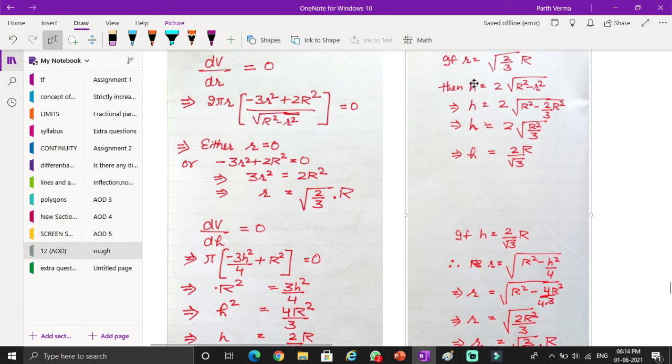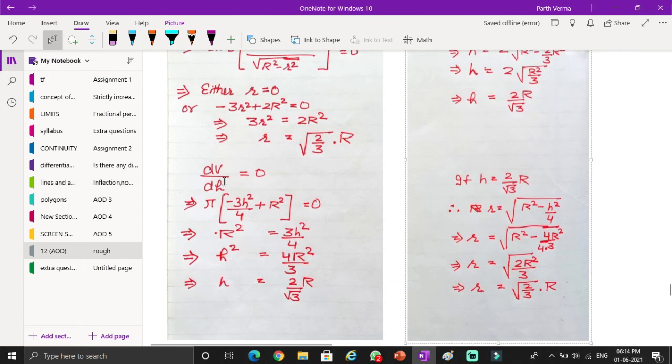And what is going to be the height at that point, I've taken out that also, because this is the relation between h and r. When I substituted this value of radius here, I got h as 2 over root 3 of R. On equating the derivative of the volume function in h with respect to h to 0, I got h as 2 over root 3 times R. That means when the height of the cylinder is 2 over root 3 times R, then the volume of the cylinder is maximum.